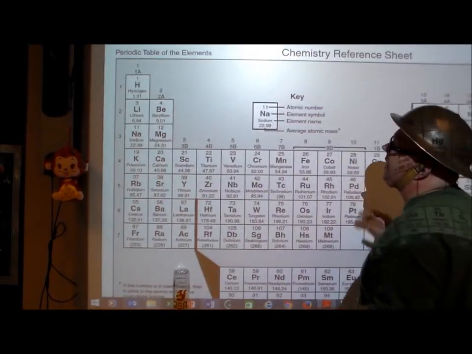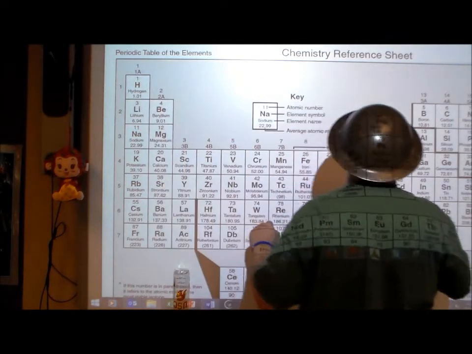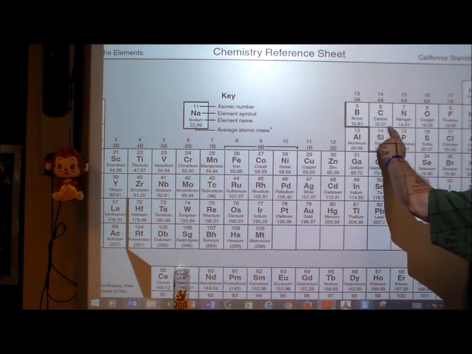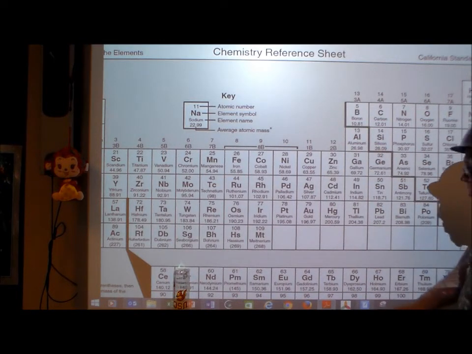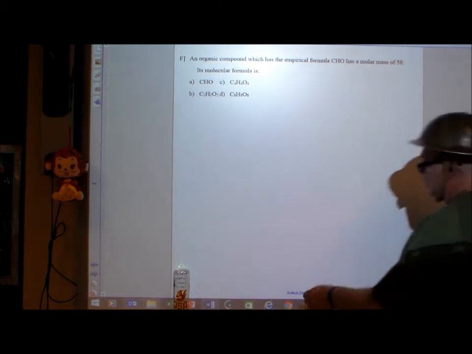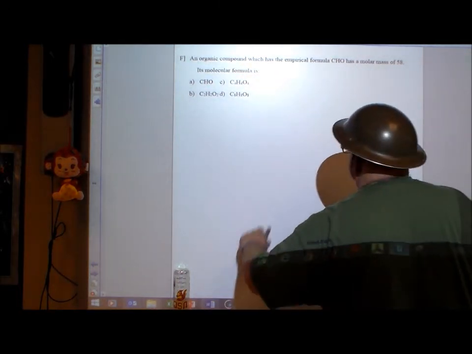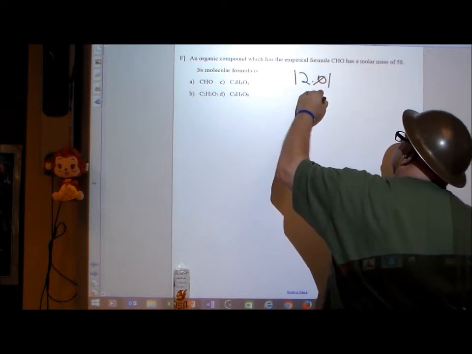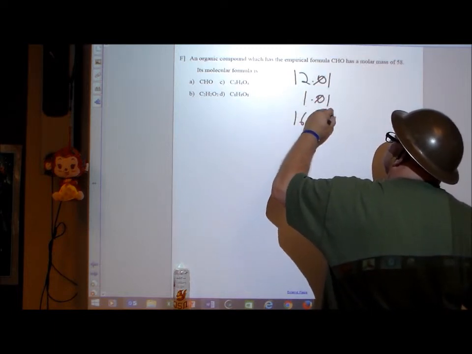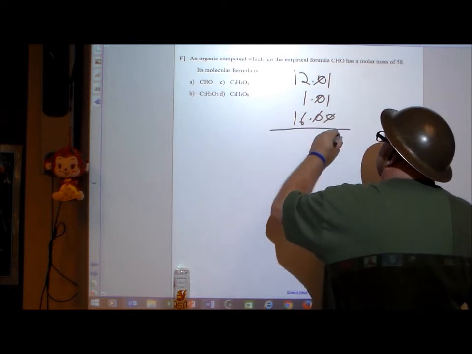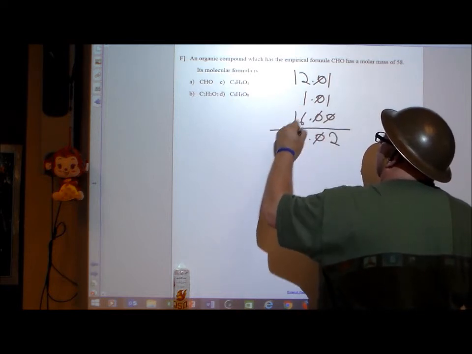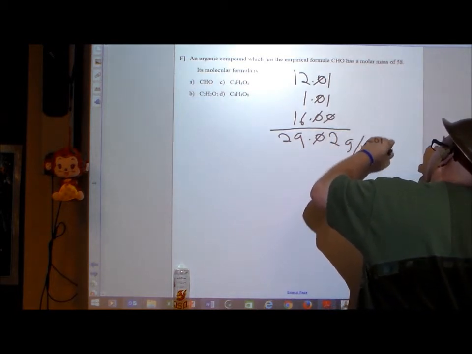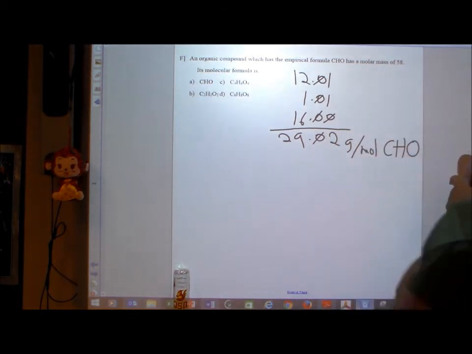I know that my H is 1.01, my oxygen is 16 and the carbon is 12.01. I know that from my chart. So let's go with it: 12.01, 1.01, and 16.00, which is 29.02 grams per mole of CHO.